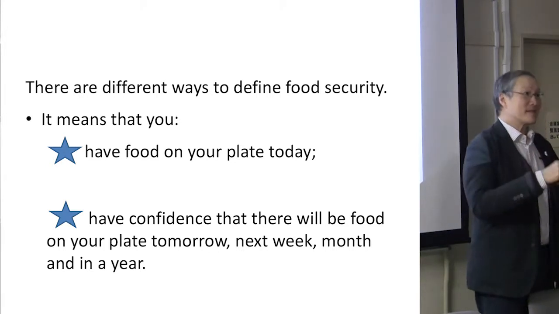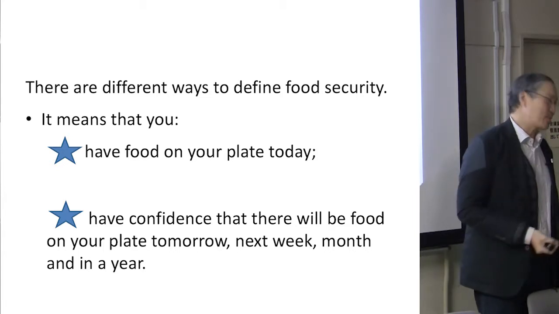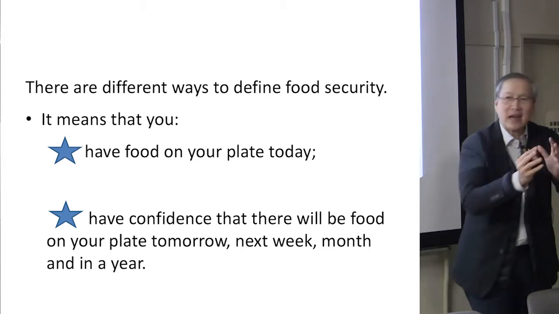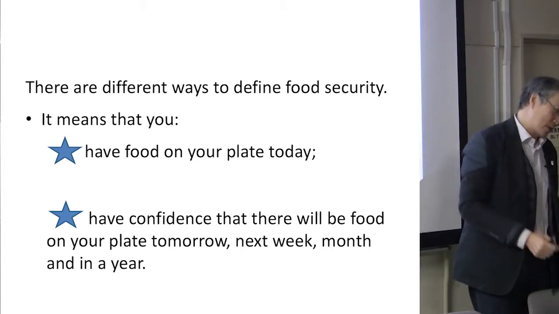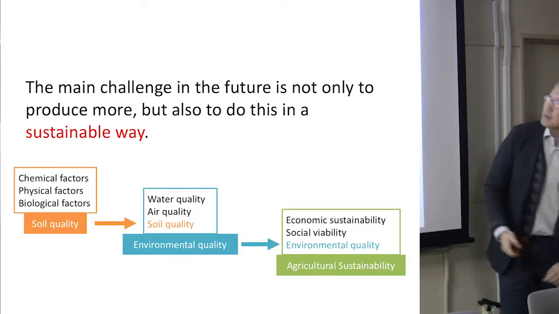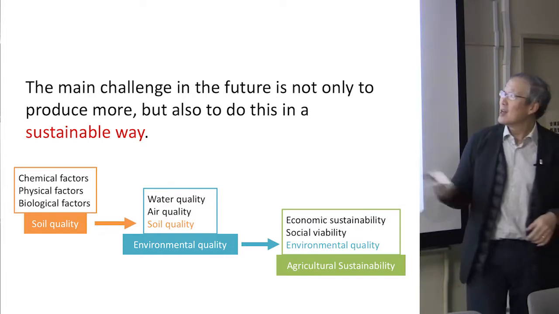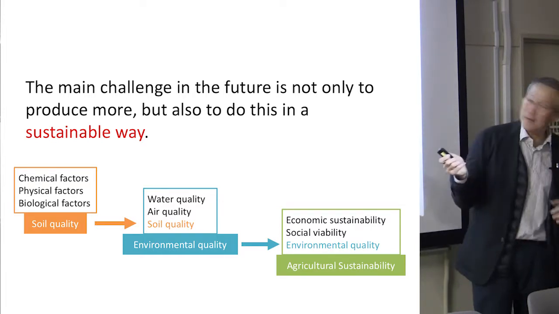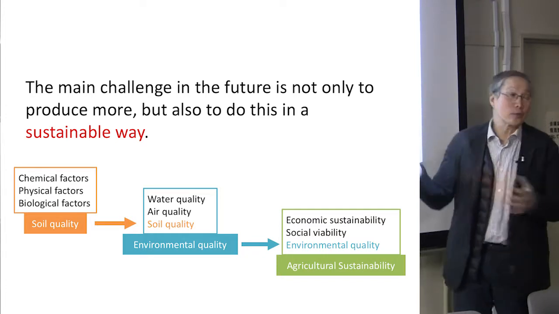So this will also depend on our sustainable food production practices. Okay? So I'm trying to connect one with another and give you a whole picture. So the main challenge in the future, as I've said, okay, this is my final slide, is not only to produce more.